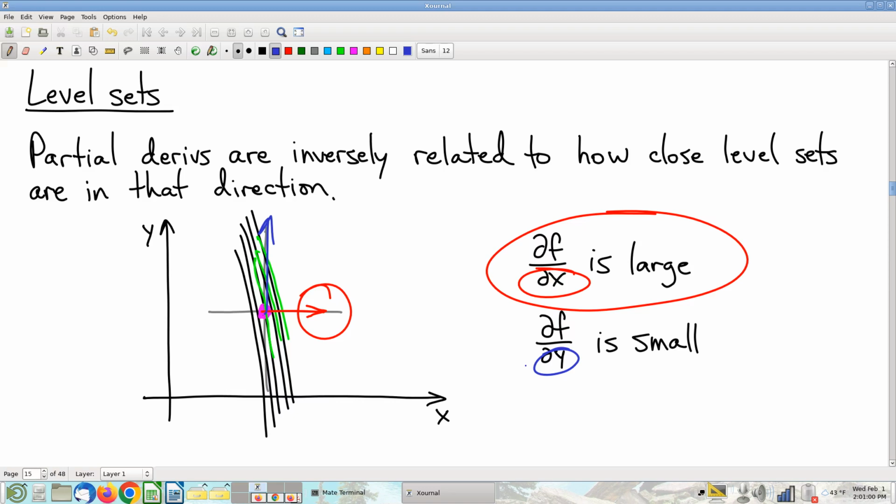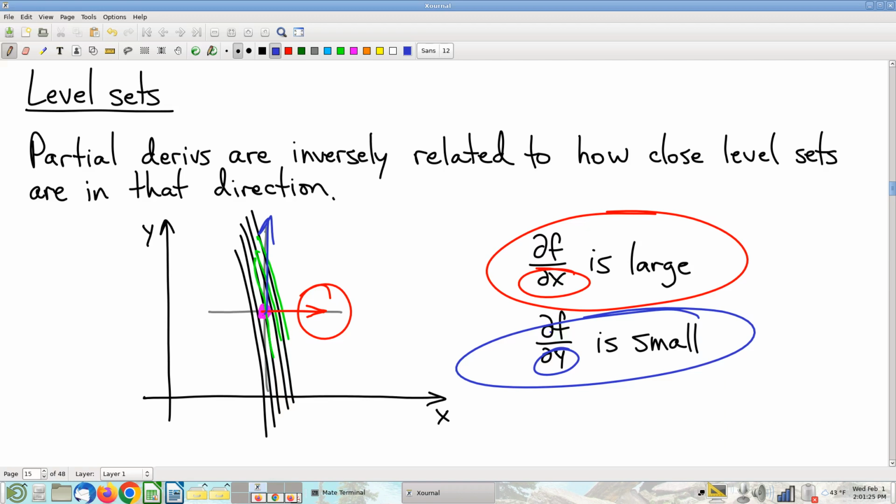You've got to go this far to get up those two contour lines as opposed to merely that far. Right? So you're gaining the same amount of altitude over a much longer distance. This looks like a much more pleasant hike. I think that the slope of the graph, namely the steepness of the mountainside, should be relatively small.